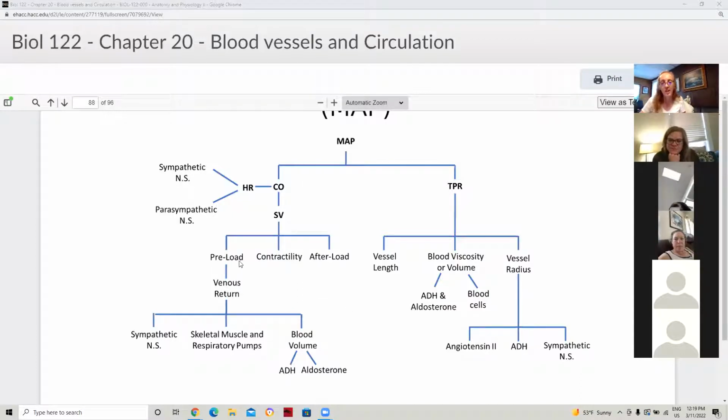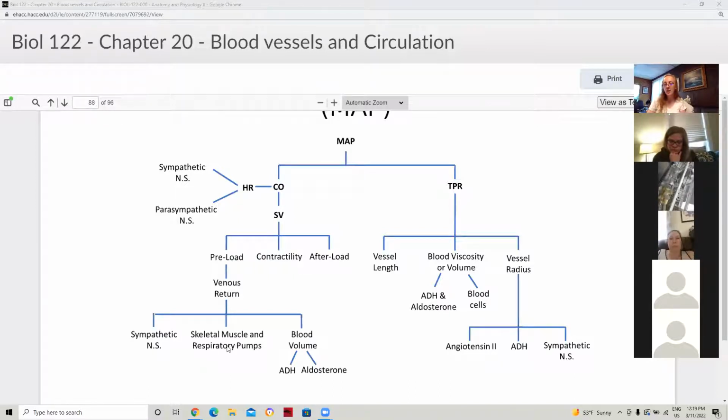So preload is affected by venous return. Remember, this is how much blood comes back to the heart and drains into the heart before the heart contracts. It's controlled by venous return, which is affected by the sympathetic nervous system through the blood vessels, the skeletal muscle and respiratory pumps.